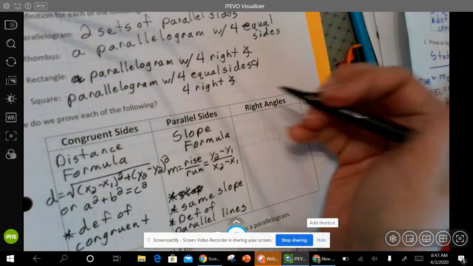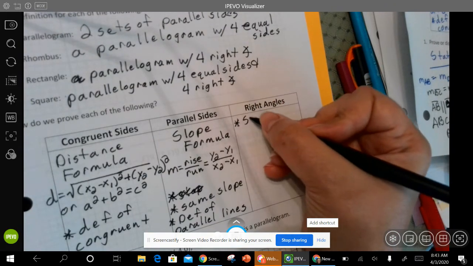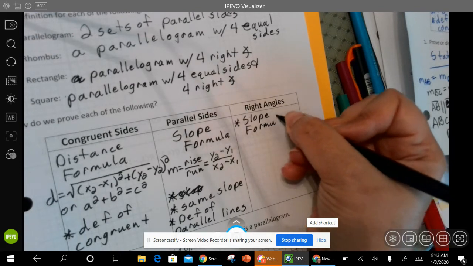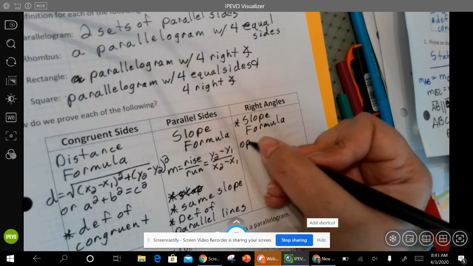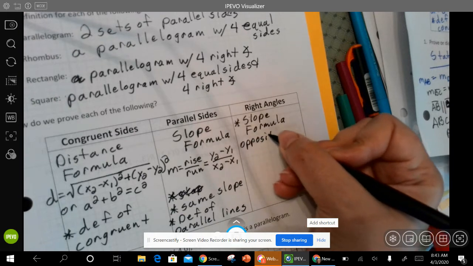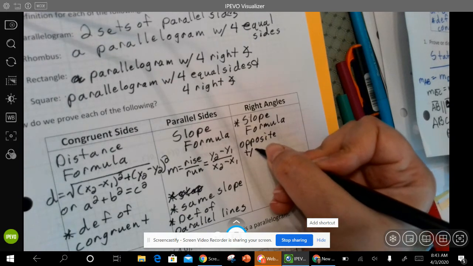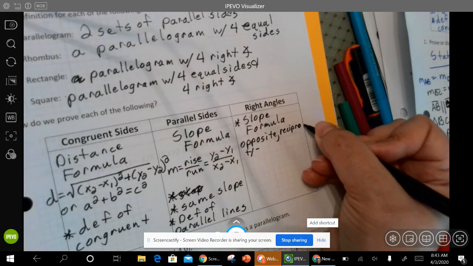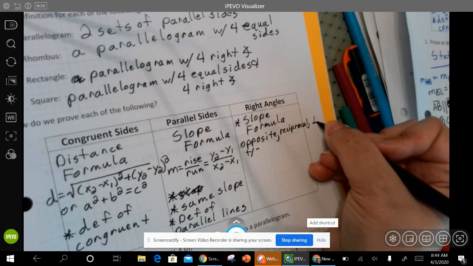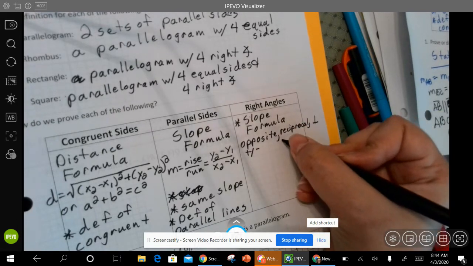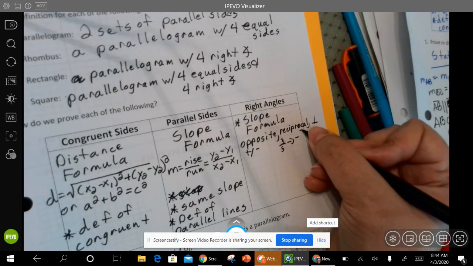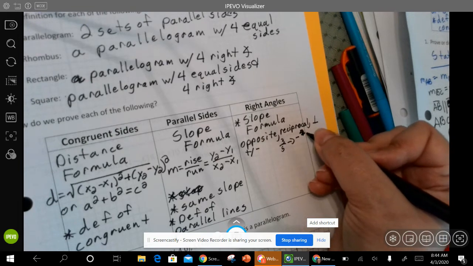Okay, for right angles, we also use the slope formula, and we have to show that they're perpendicular. Okay, so remember opposite sign. So opposite, reciprocal, perpendicular. So reciprocal, everybody remember, so like if I have 3/5, opposite would be negative 5/3.